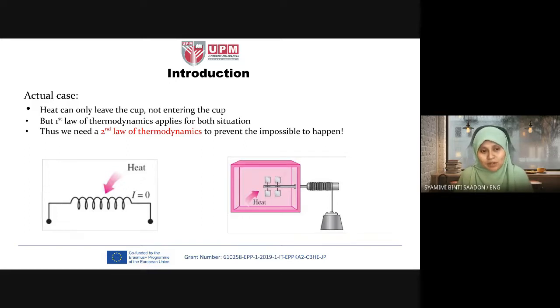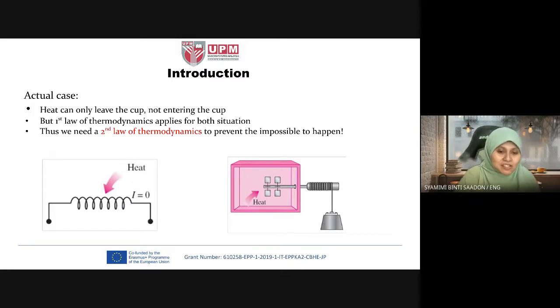With the first law of thermodynamics, both of the equations are correct. But in reality, we know the second one is wrong. So we need a second law to prevent the impossible from happening. Thus, we need the second law of thermodynamics.